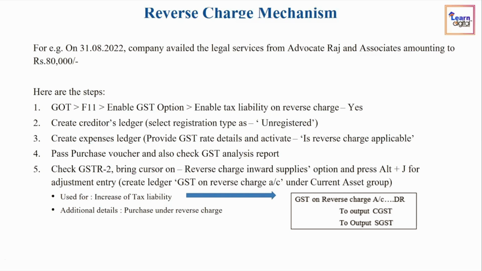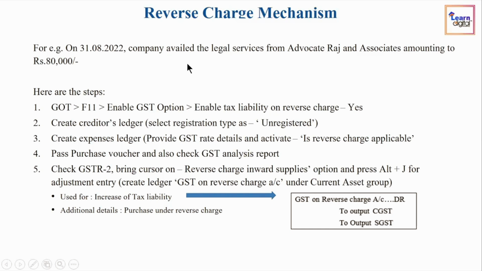In that case, the fees charged by the advocate will come under RCM. It means rupees 80,000 is charged by Advocate Raj. Advocate Raj will charge only 80,000. That advocate will not add any GST in that amount.